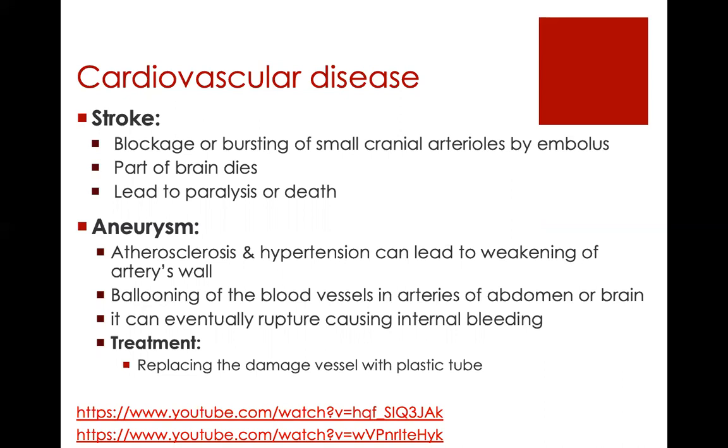And if that actually ruptures, it can cause internal bleeding, and that basically can cause death. Best way to treat an aneurysm is by replacing the damaged vessel with a plastic tubing. However, there are people that may die as a result of an aneurysm because it wasn't caught on time for it to be repairable.